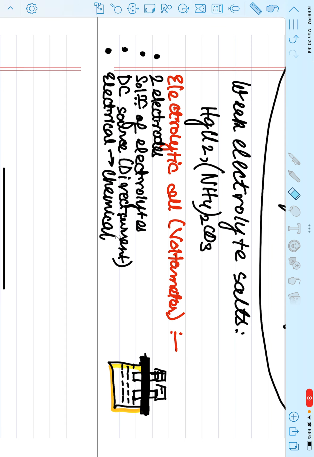I have a battery here. These are my two electrodes. This is my anode, this is my cathode. I have my source here.